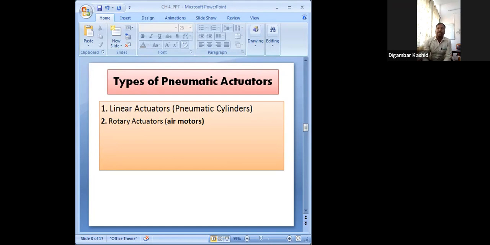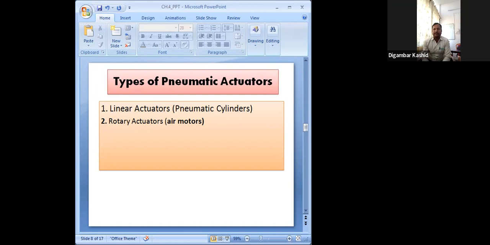And the second one, the air motor, generates rotary output or rotary motion, once again to get useful work.